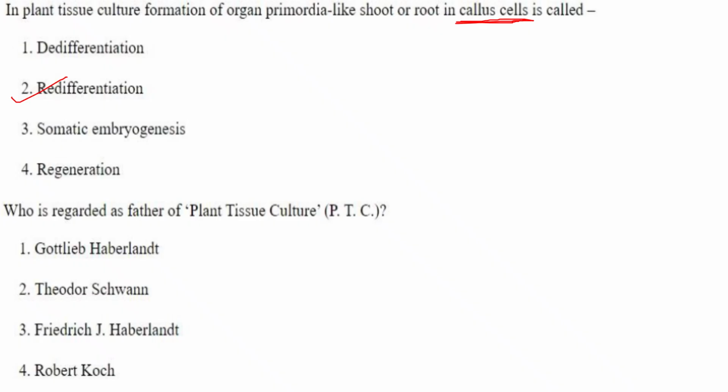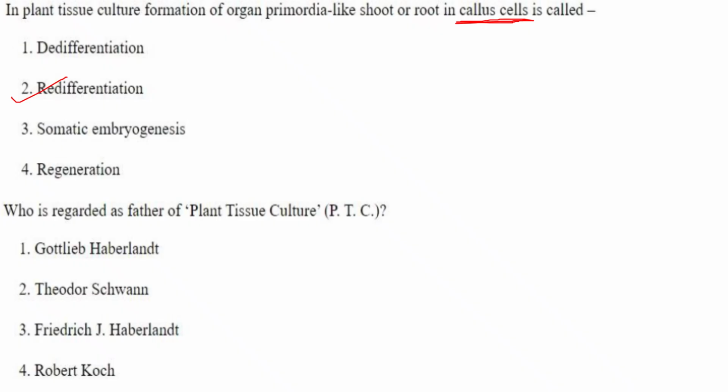Okay. Now, somatic embryogenesis, I told you, is the development of embryos from somatic cells in plant tissue culture. Then regeneration means the development of the whole plant from a single cell or tissues. It is called regeneration.